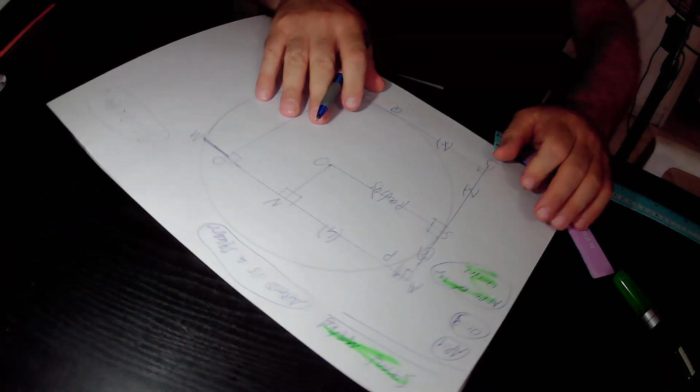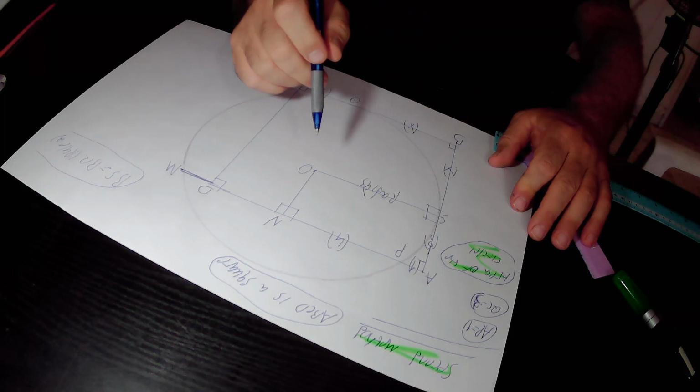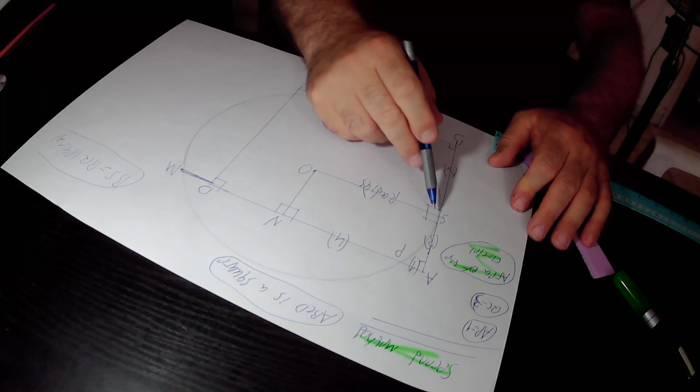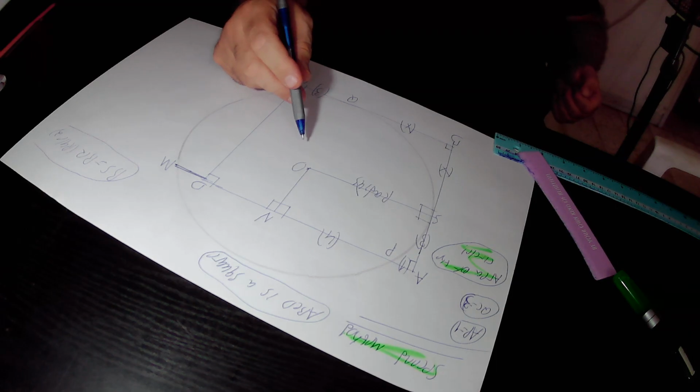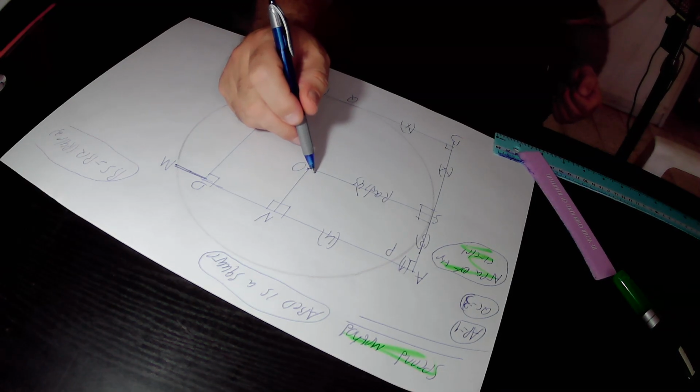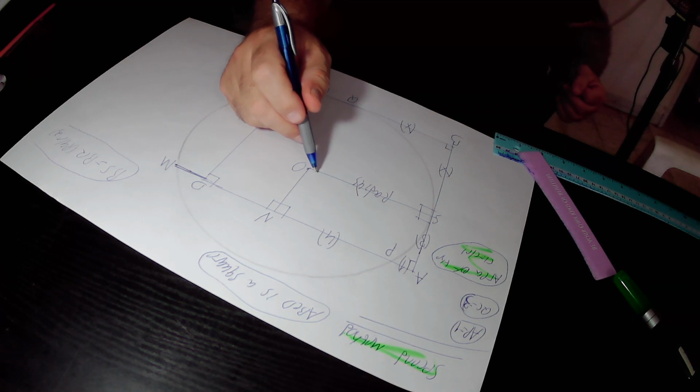So inside quadrilateral ANOS, we have 1, 2, 3 right angles. The sum of 3 right angles is 270 degrees, so 270 degrees plus the size of this fourth missing angle must in total equal 360 degrees, according to the rule that states that the sum of the angles in any quadrilateral is equal to 360 degrees.